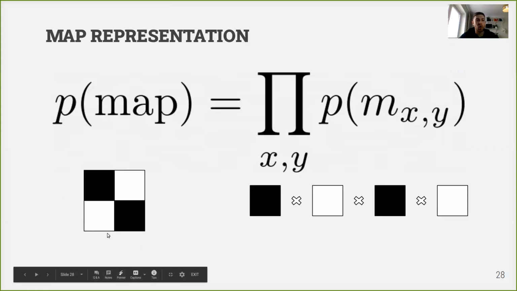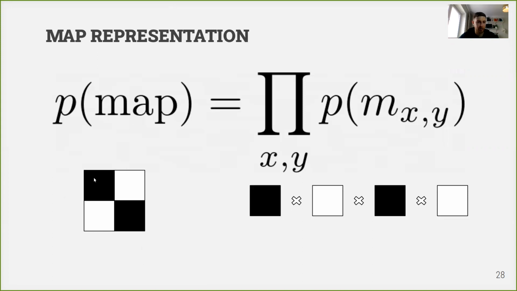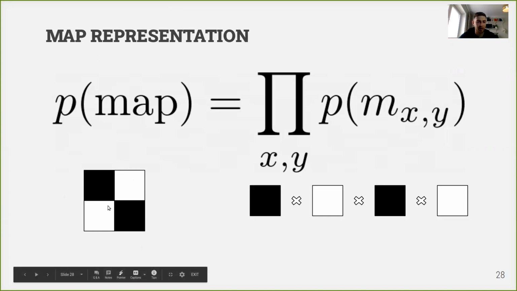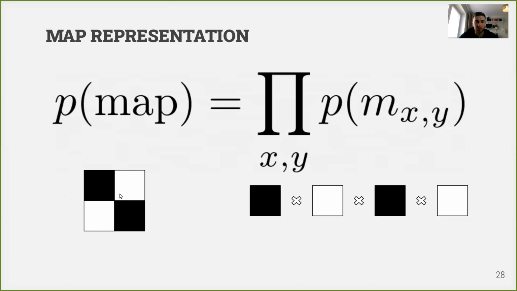We're considering all possible types of maps here, and you can understand this is 2 to the power of the number of cells, right? So there are many combinations. So 2 to the power of 4 in this case, and we are trying to modify this map and to find the most probable map within all possible maps here.